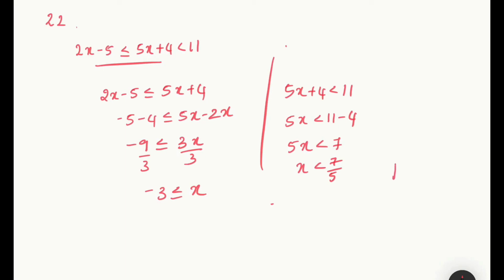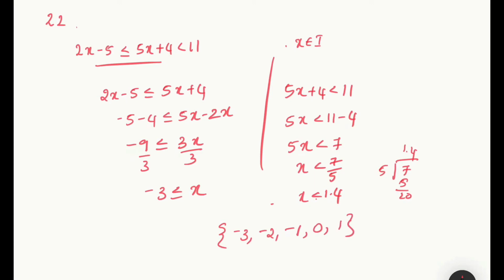It is 1.4. x less than 1.4. So x belongs to integers was given, right? So what are the numbers, you tell me? Minus 3, minus 2, minus 1, 0, 1.